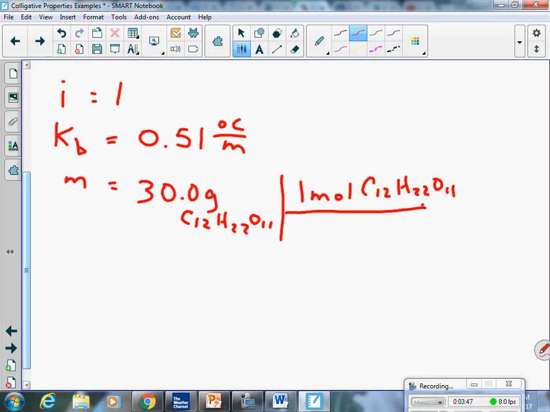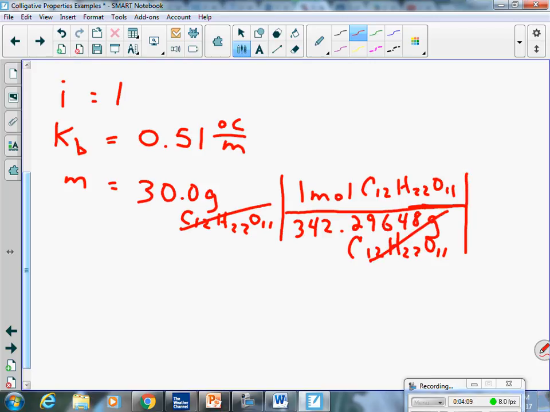C12H22O11 is going to have 342.29648 grams of C12H22O11. My grams will cancel, so it's going to leave me a value in moles.